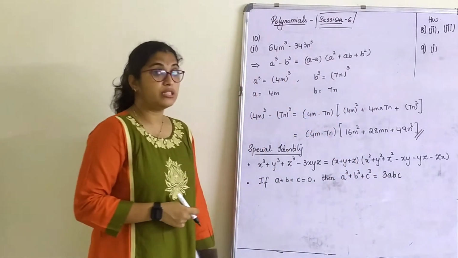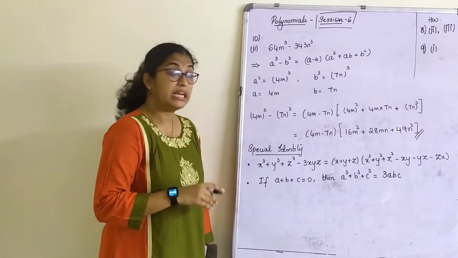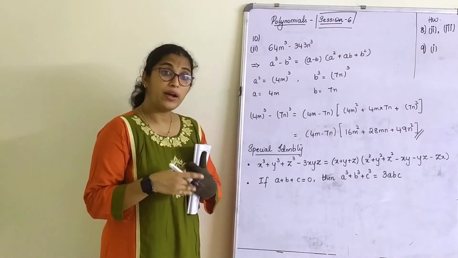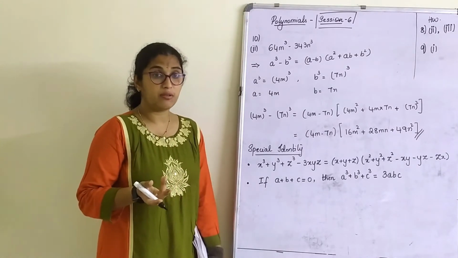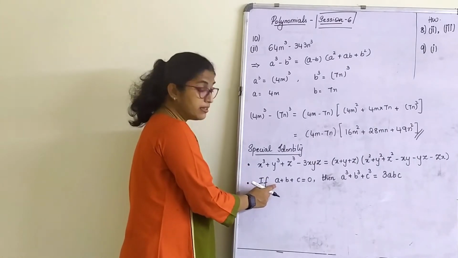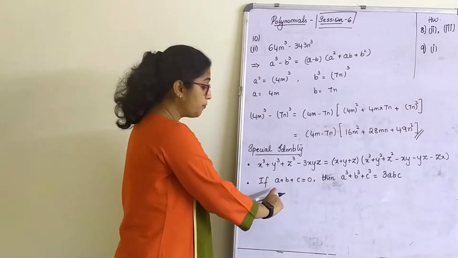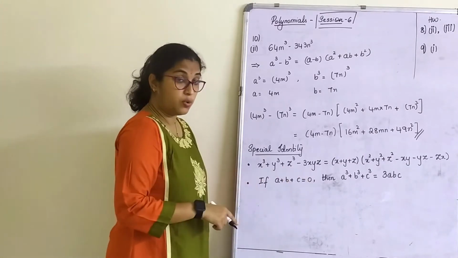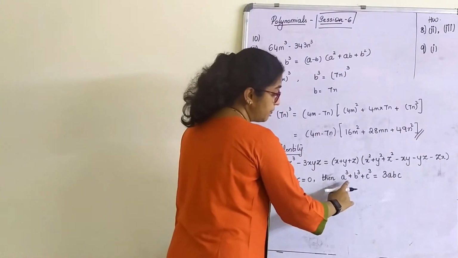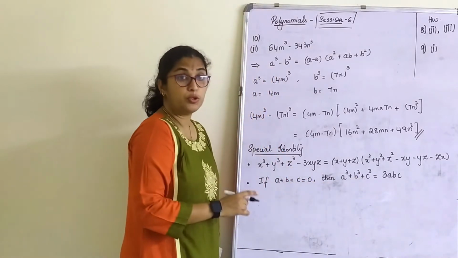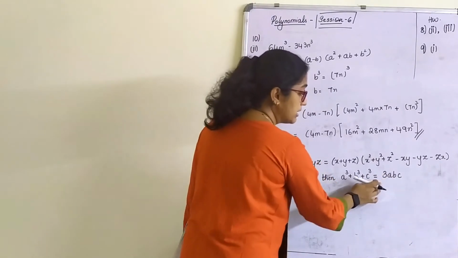Given a condition where a, b, c terms are given, and when you add a plus b plus c, you can ask me, how do we get 0? If I have something in terms of plus and minus, can't I get 0? Yes, we will get. So when we add this, if you get 0, then if you have a cube plus b cube plus c cube in a question somewhere, you can directly substitute 3abc.